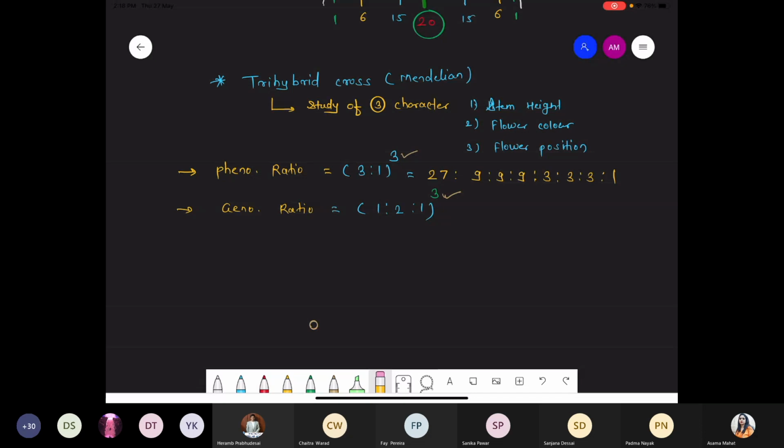Three different genes control one character, that is skin color. Skin color is one character, right? That's why we are talking about polygenic inheritance. Many genes control a single character, right? Three pairs of alleles control the single character, skin color. What is the meaning of the trihybrid cross? Here also three pairs of genes are present, but they control three different characters.